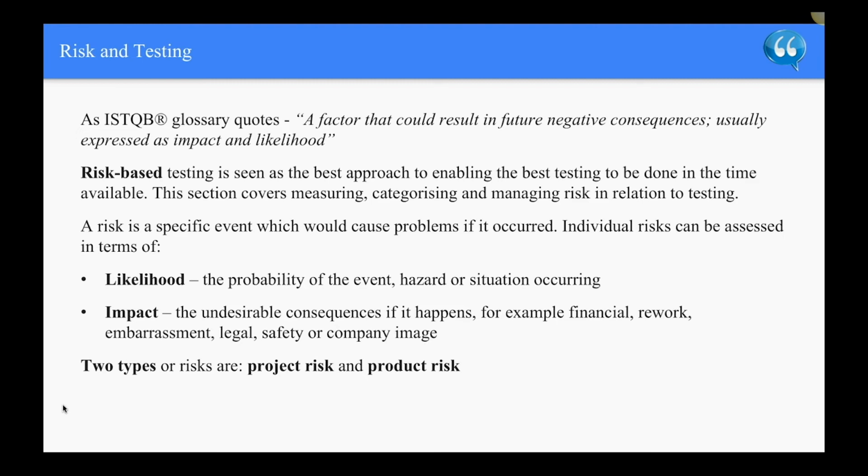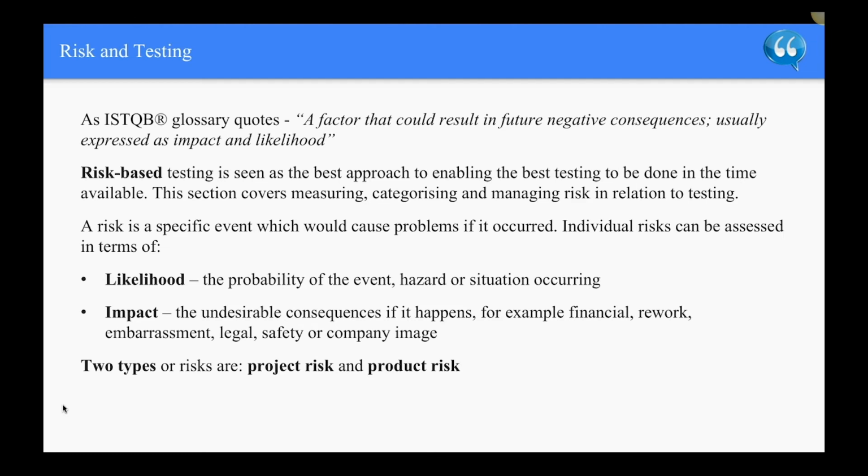So a risk is a specific event which would cause a problem if it occurred. Individual risk can be assessed in terms of likelihood, so the probability of the event, hazard, or situation occurring, and the impact, the undesirable consequences if it happens.